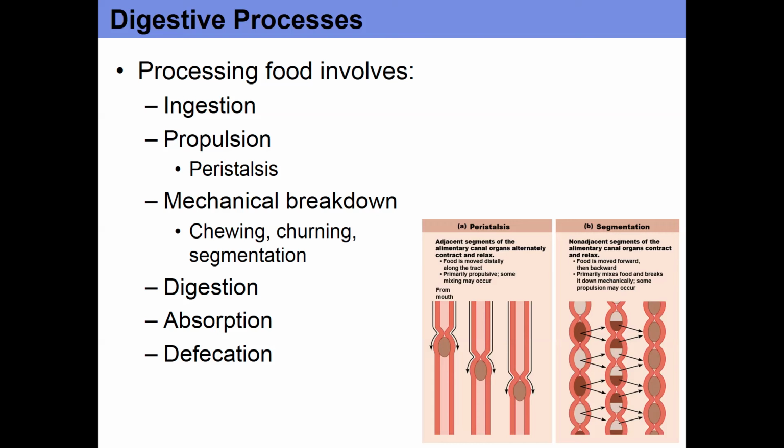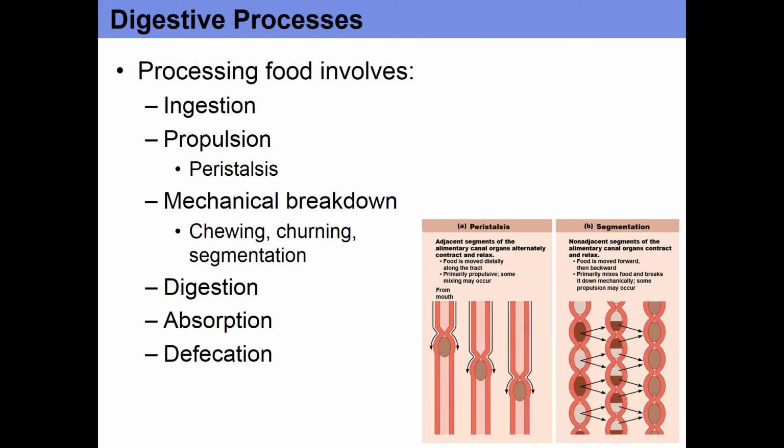And then segmentation, again, that picture in the lower right, B, is segmentation. What that's showing you is that in the small intestine, you get these alternating sets of contraction and relaxation that are going to compress the food there. For what it's worth, something called chyme will show up on a future slide, and chyme is spelled C-H-Y-M-E. Once the food moves into the stomach, it becomes chyme.